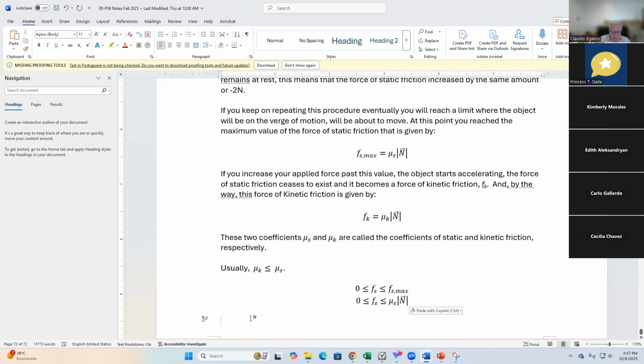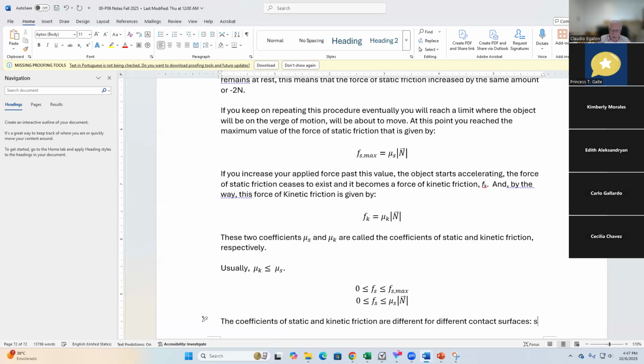The coefficients of static and kinetic friction are different for different contact surfaces. What do I mean by different contact surfaces?